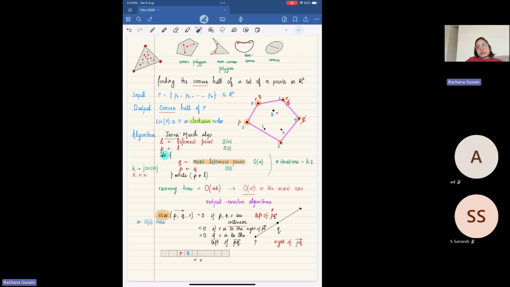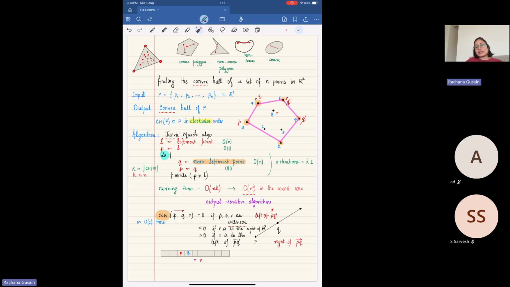Okay. Any other question related to convex hulls? And is convex polygon clear? Because we will see another problem based on convex polygon. That is also a very interesting problem.